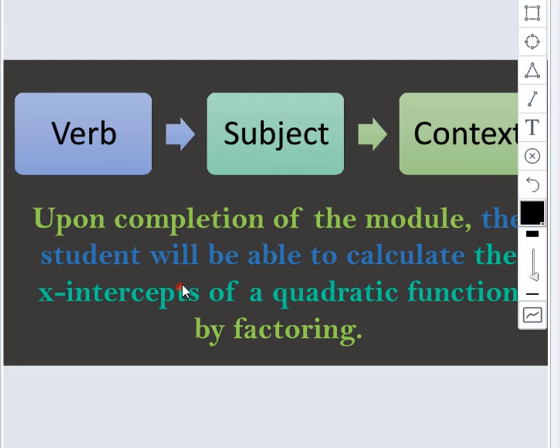And then my context is that we're talking about within a certain module, and we're going to be factoring to accomplish this calculation of x-intercepts. So it gives you a template formula, so to speak, for creating objectives.